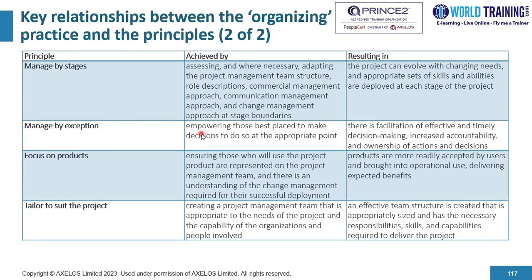Now, this is achieved by empowering those best placed to make decisions to do so at the appropriate point. It kind of results in a facilitation of effective and timely decision making, increased accountability and ownership of actions and decisions. Moving on to another principle, the relationship between organizing practice and focus on products.